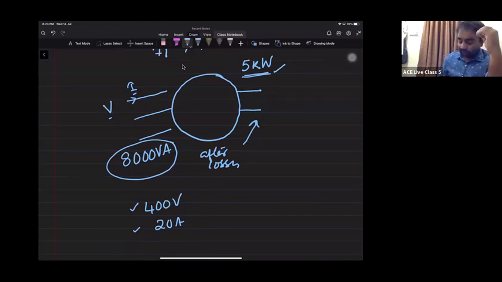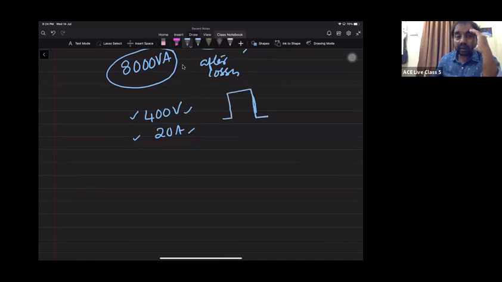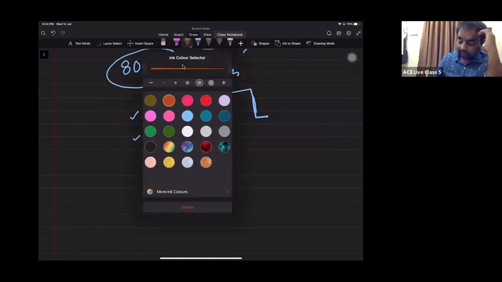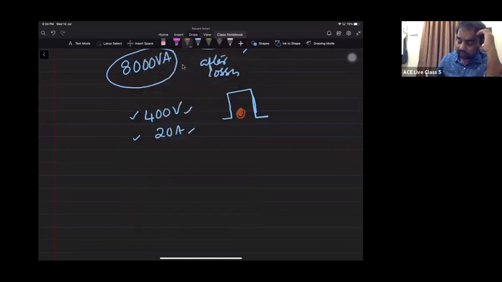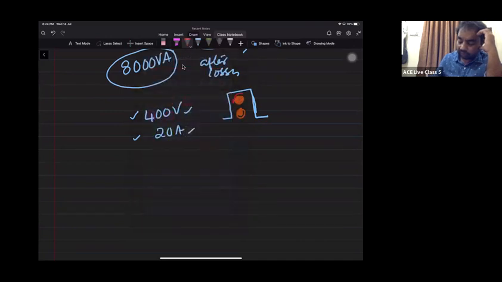Right. Now, for the voltage in this particular case, 400 volts and 20 amperes. If you remember, we place the conductors in the slots. These conductors are insulated from each other, and they should be insulated from the core.